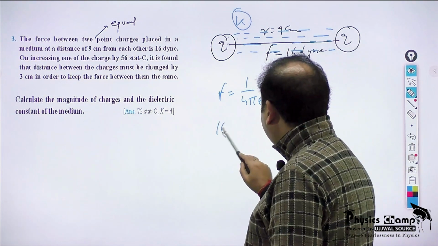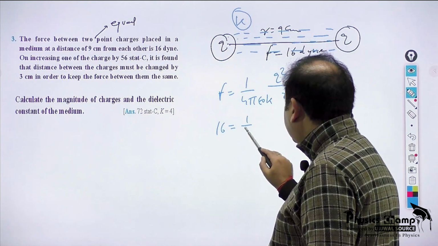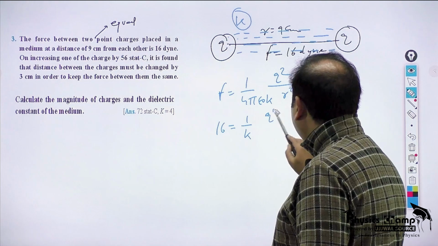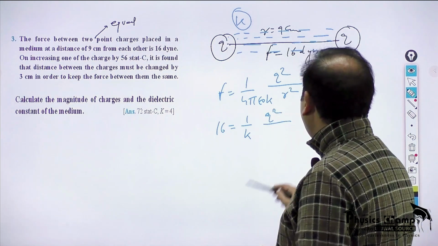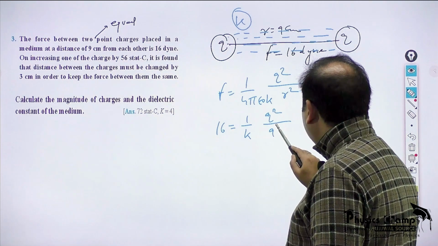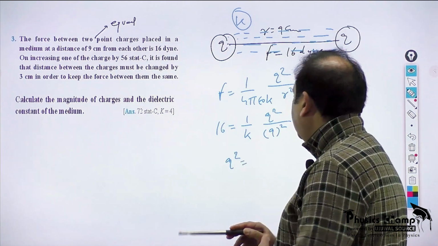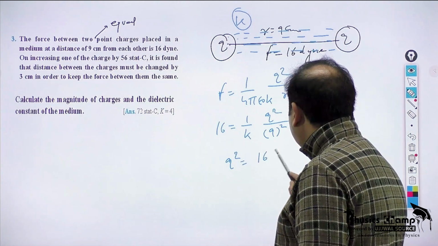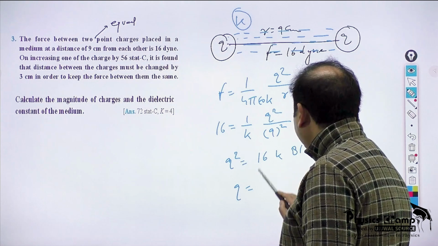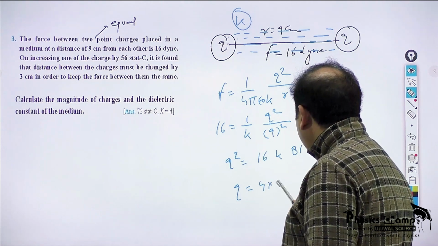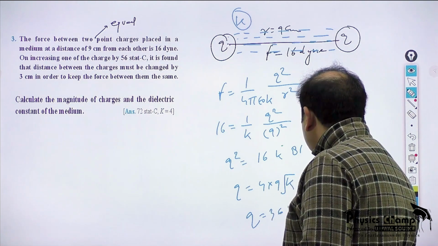Now force is 16 dyne, 1 by 4 pi epsilon naught has a value 1, charge on both is same between two equal charges, and separation is 9 centimeter, so it is 9 whole square. So Q square is ultimately 16K into 81, so Q will be 4 into 9 root K, that is 36 root K.